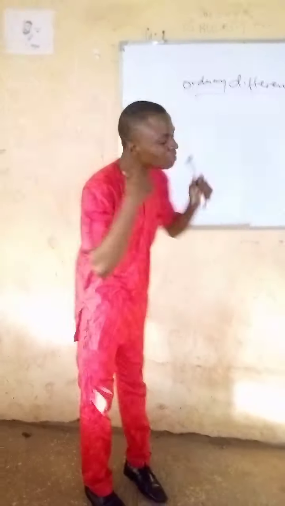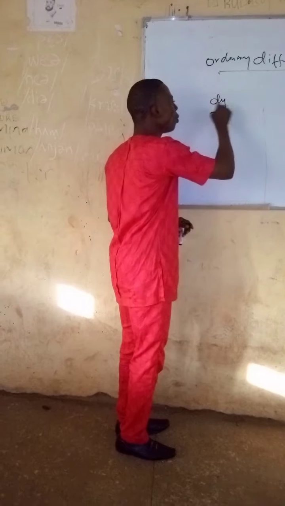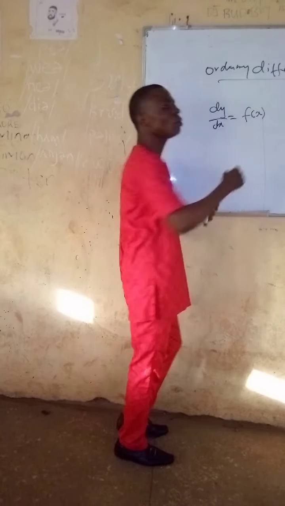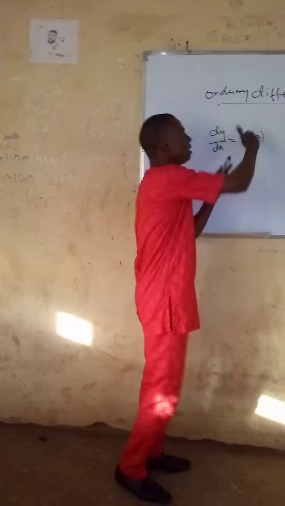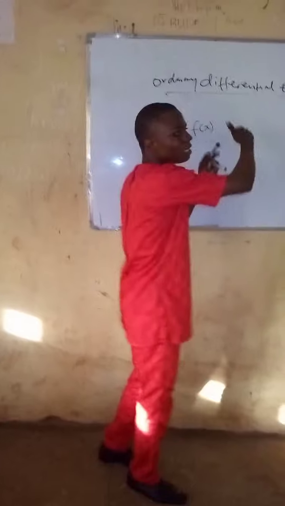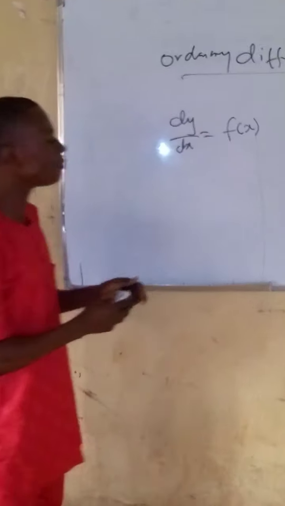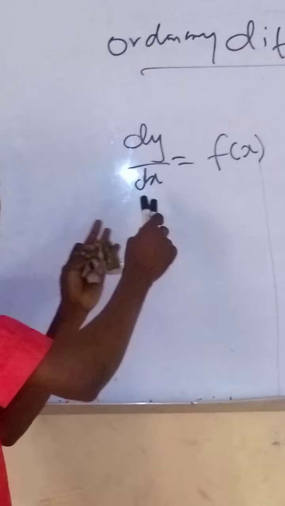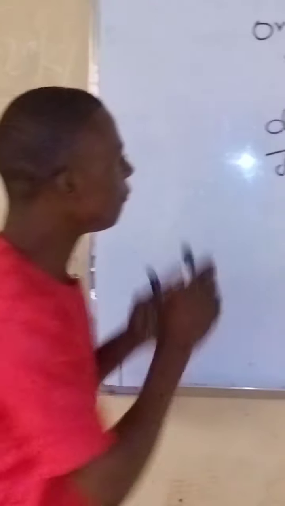So now, when we see that we have a differential equation, we have what we call dy/dx, which is equal to a function of x. A function of x has to do with anything that pertains to x. So here now, when we have dy/dx, that the power of the differential is 1, we call it first order differential equation.